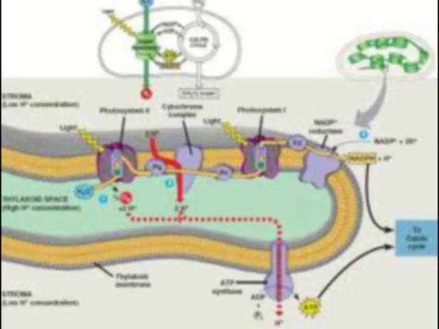The electron transport chain is a group of compounds that pass electrons from one to another via redox reactions, coupled with the transfer of protons across a membrane to create a proton gradient that drives ATP synthase.